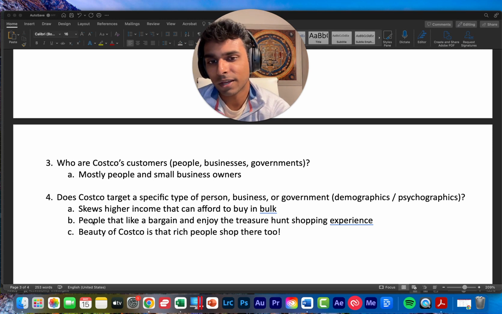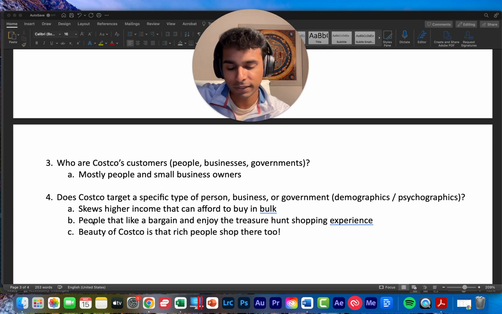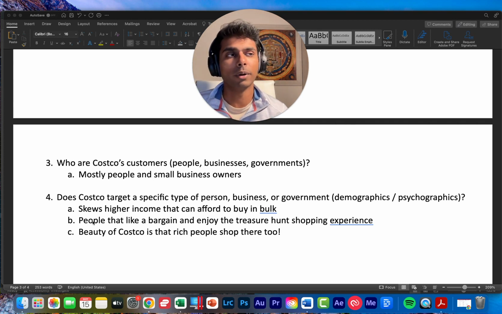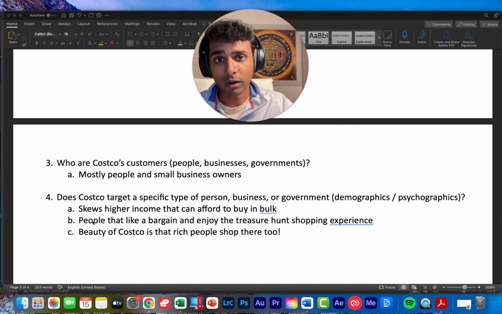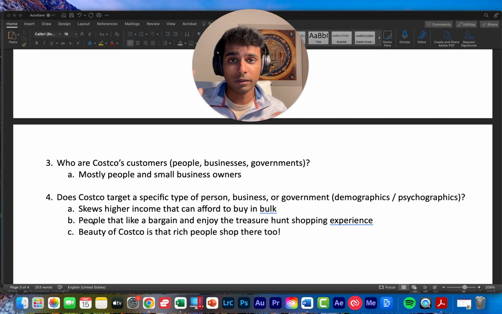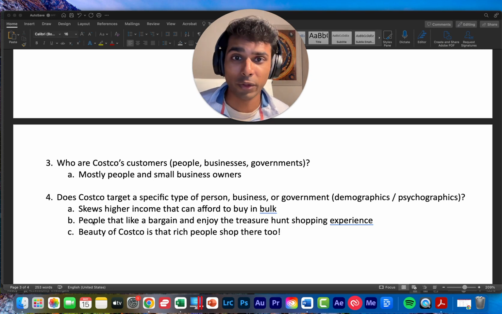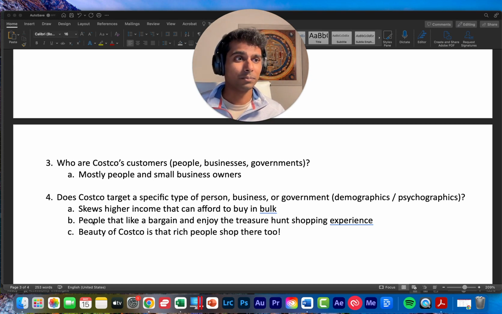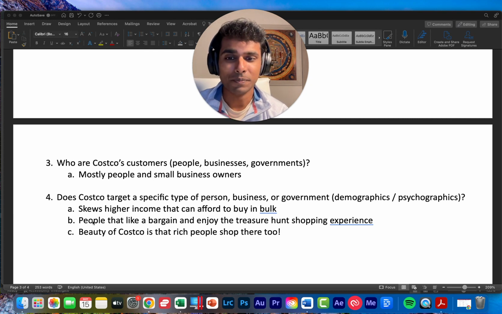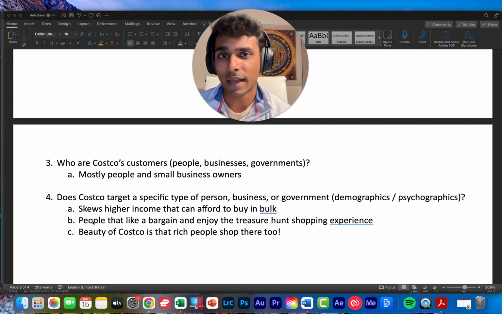And the beauty of Costco, like I mentioned before, is that their demographic is not just high income people. It is actually pretty broad, but I think a lot of the customers tend to be higher income. But the beauty of Costco is that middle class people shop there, and so do really wealthy people, right? And dignitaries and diplomats and celebrities. They shop at Costco, and they're proud of the fact that they shop at Costco, right?